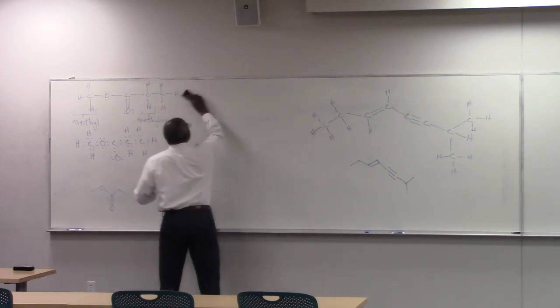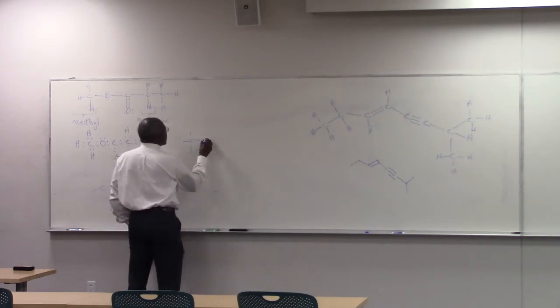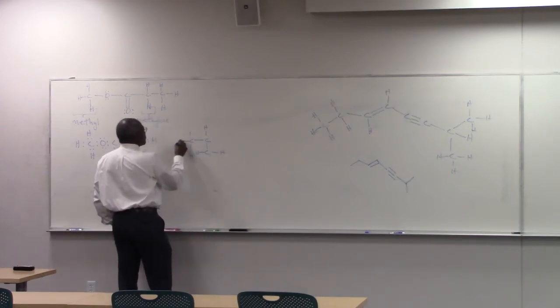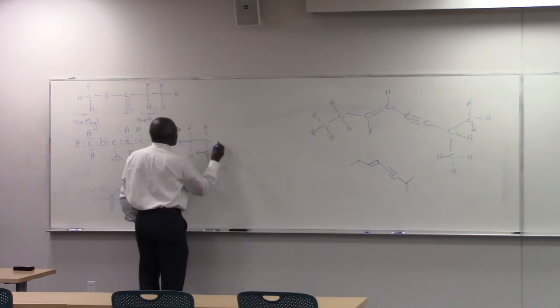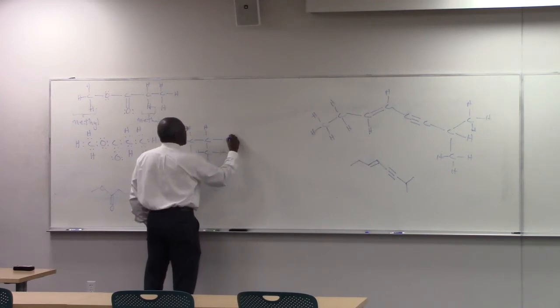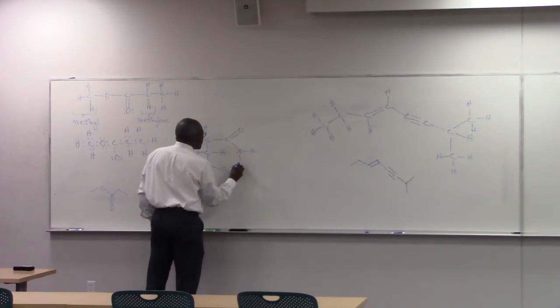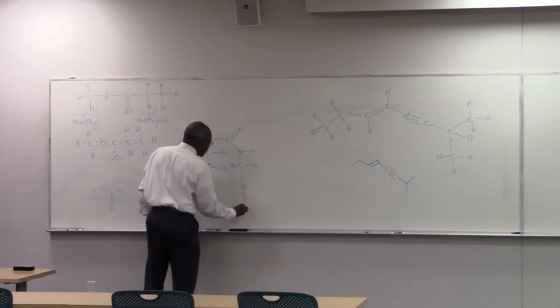Let's, if I have CH3, CH, let's say OH, C, double bond O, NH, C, H, H, C, triple bond CH.